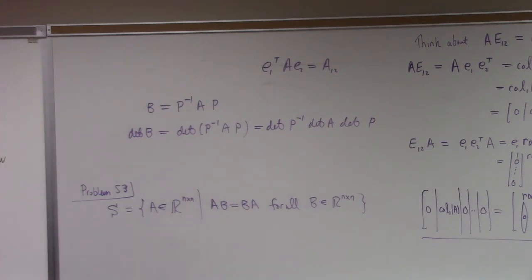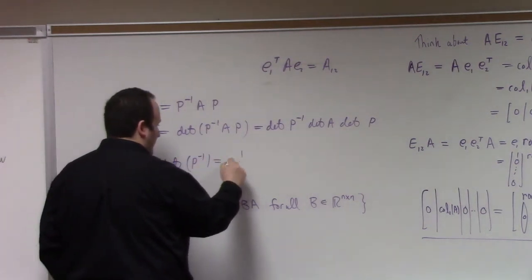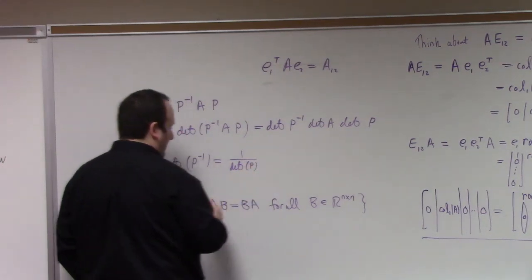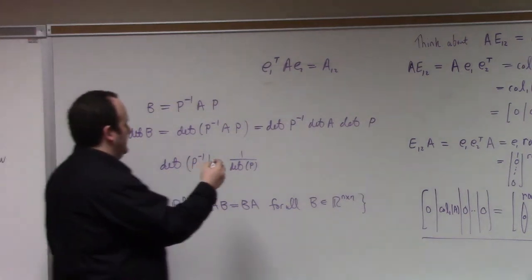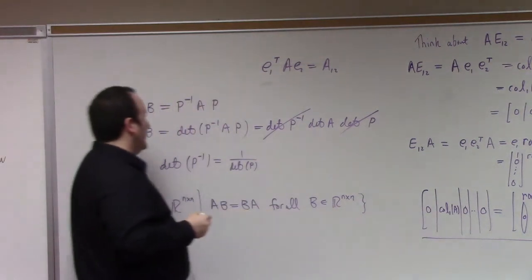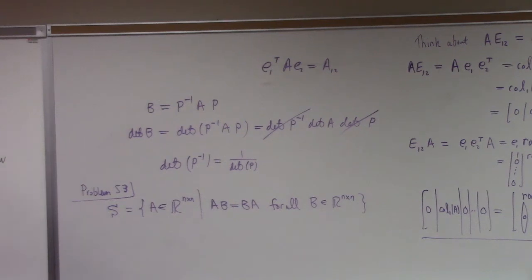One of the things I have not uttered in class yet, but is easy to derive, is that the determinant of P inverse would be 1 over the determinant of P, right? That's not hard to prove. Or you could rearrange them. Anyway, however you want to see it, these cancel. And so, if B and A are related in this way, they must have matching determinants. So that is perhaps helpful for problem 50. Maybe a little too helpful, sorry.